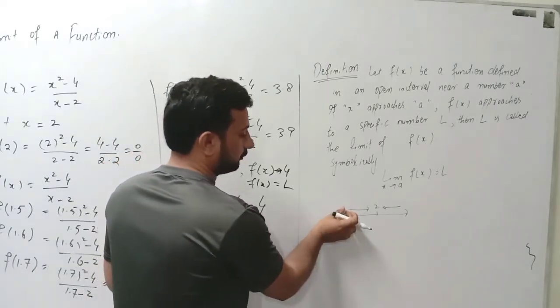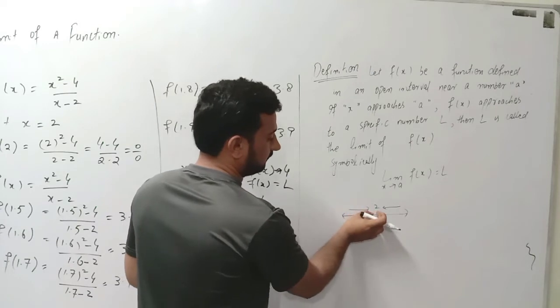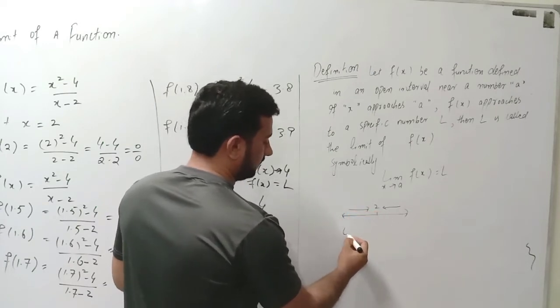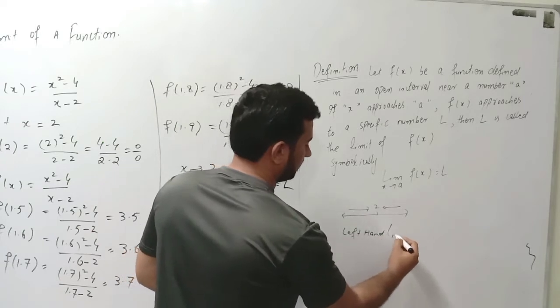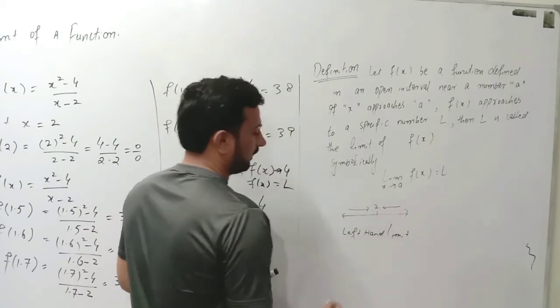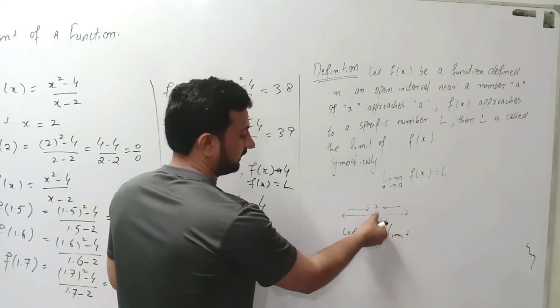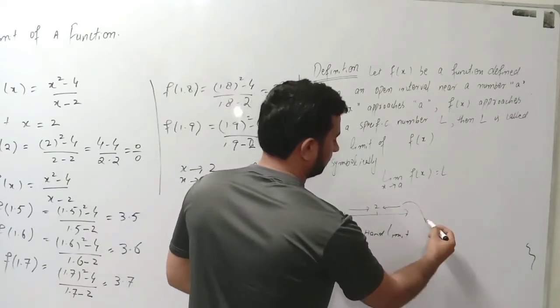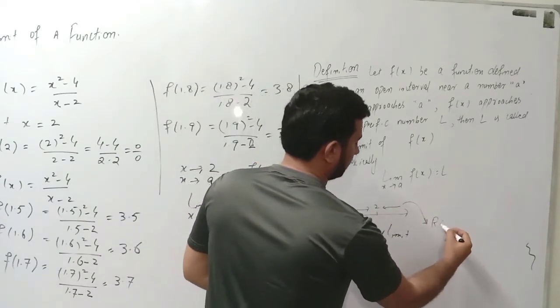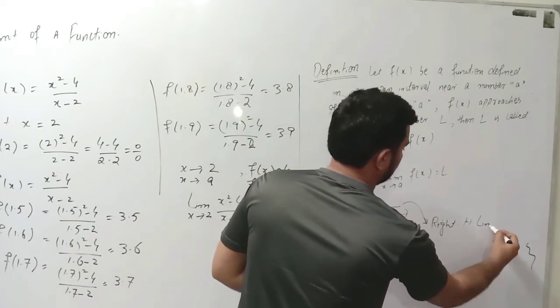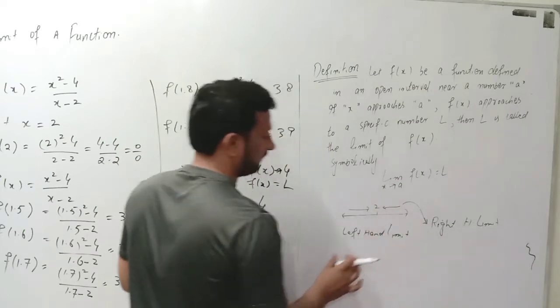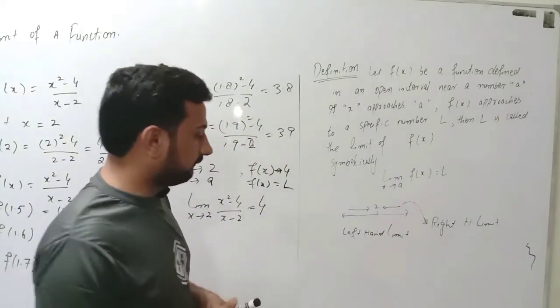When we approach from the left side, we will call it left hand limit, and when we approach from the right side, we will call it right hand limit. So this is just a basic concept. I am not going to define it formally.